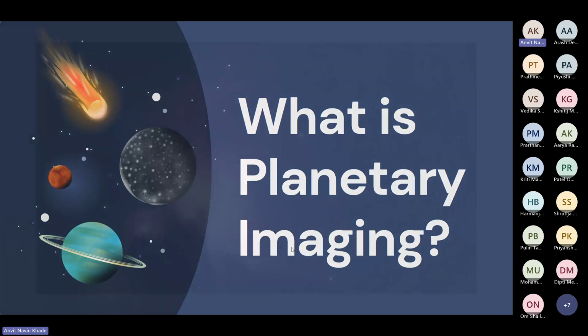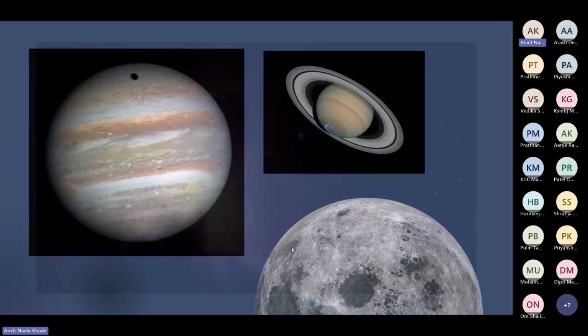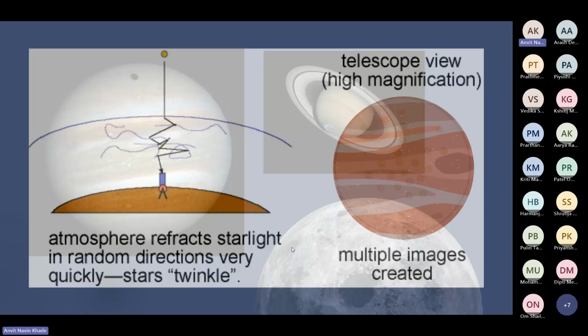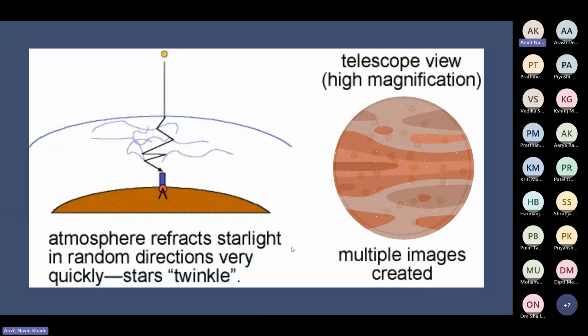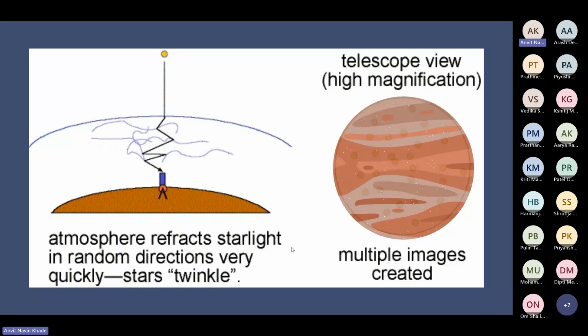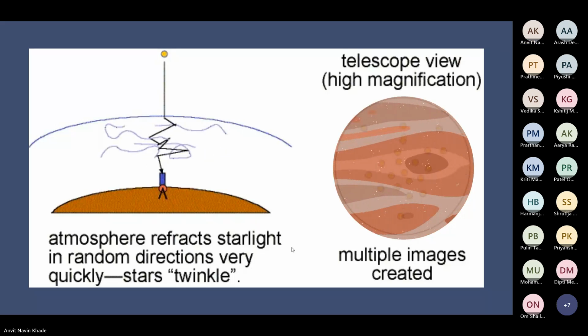So unlike deep sky astrophotography, which focuses on distant galaxies and nebulae, planetary imaging targets objects relatively close to the Earth. This approach requires precise techniques and specialized equipment to overcome challenges like atmospheric turbulence and dynamic changes like planets' rapid rotation.